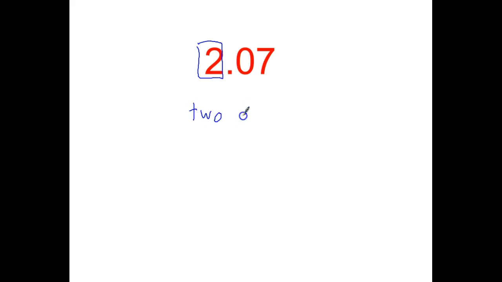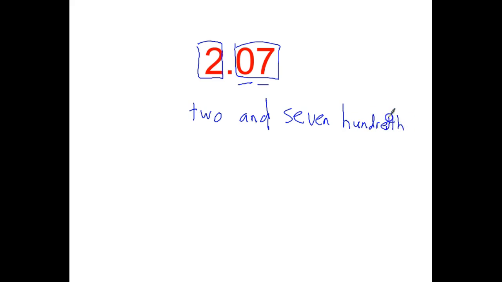We got a 2 and 7. We got tenths, hundredths. 2 places after the decimal. I almost forgot how to spell hundredths there. And this video should help you with writing standard and word form of decimals.